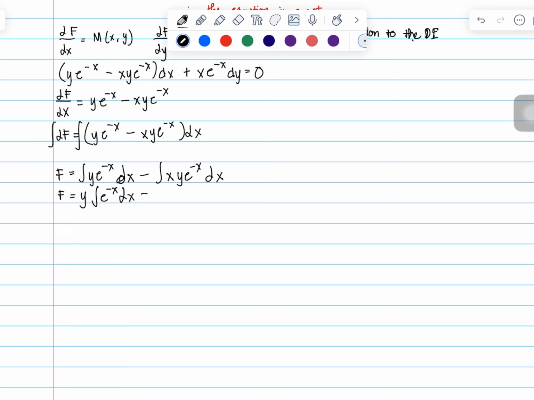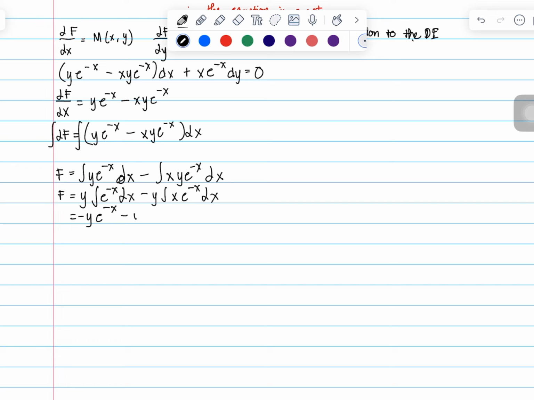In the second term, let's take out y, the integral of x e to the negative x dx. And so let's integrate the first term. The integral of e to the negative x is basically negative e to the negative x.